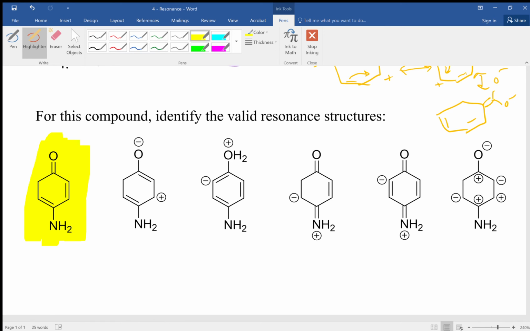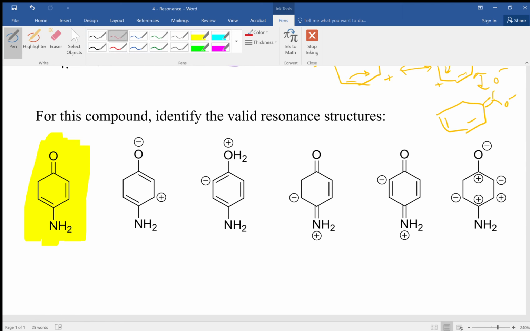That means the rest of the molecules also need to be neutral. And if we look, no, I'm sorry, all of these do add up to 0. So that's not going to rule any of them out.